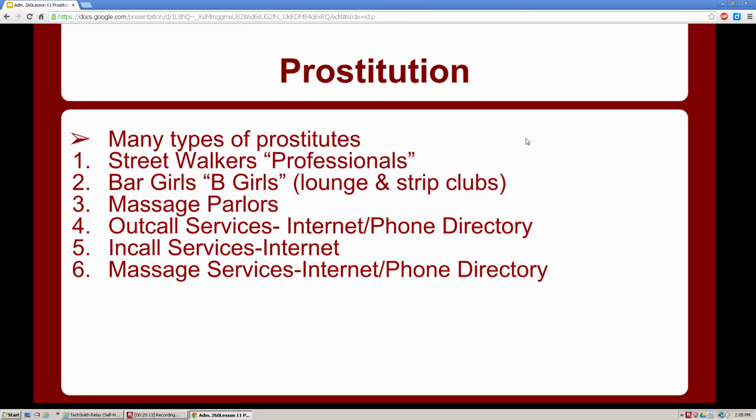You have the internet, where you have escorts, out-call services, in-call, and then massage services. So these are all escort services. You can also look up in the phone directory, Yellow Pages, or what have you. Look under escort and massage services, and it'll just give you a huge listing of different agencies that provide out-call services.